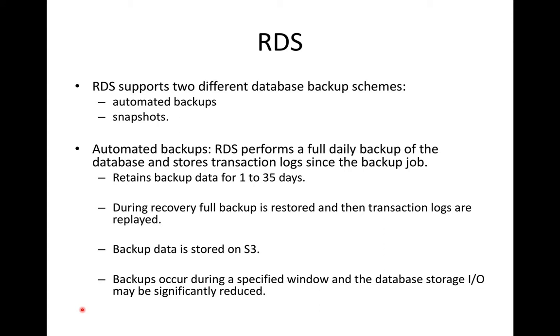With automated backups, you can specify how many daily backups you want the RDS service to maintain. And what will happen is AWS will automatically perform a full daily backup of your database and all the transaction logs since the backup job started. And it will store this backup in S3.